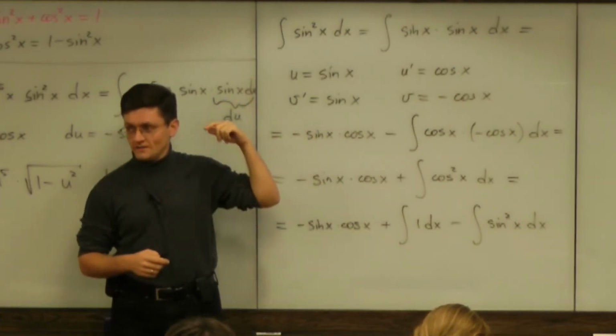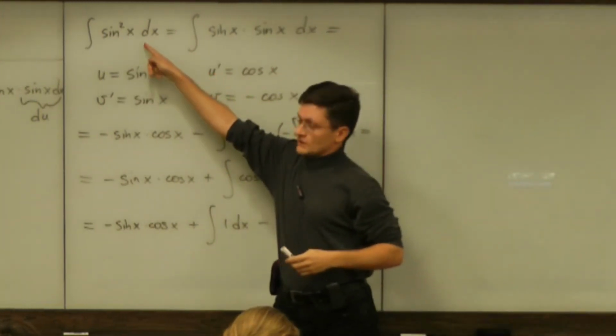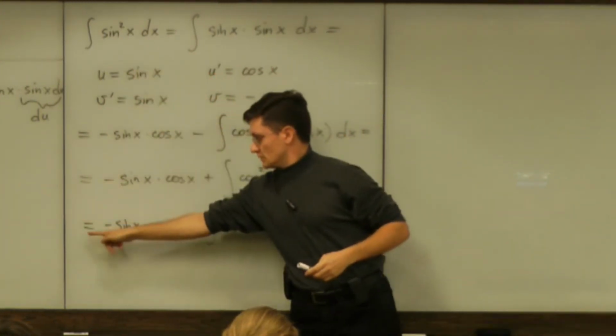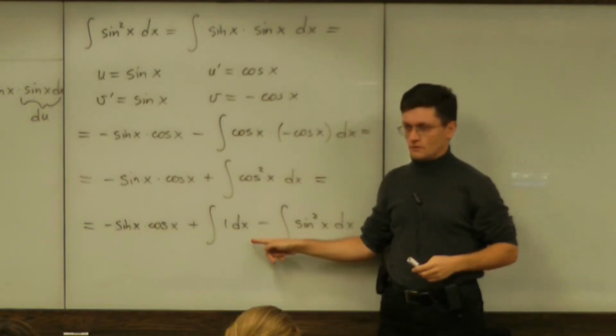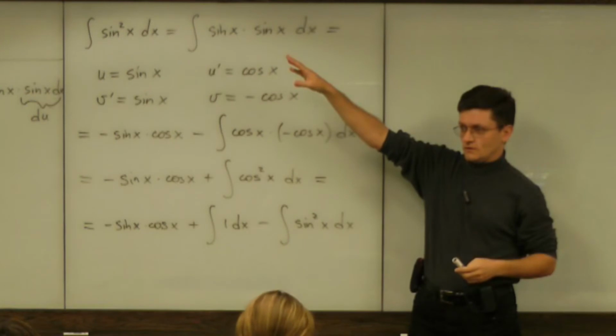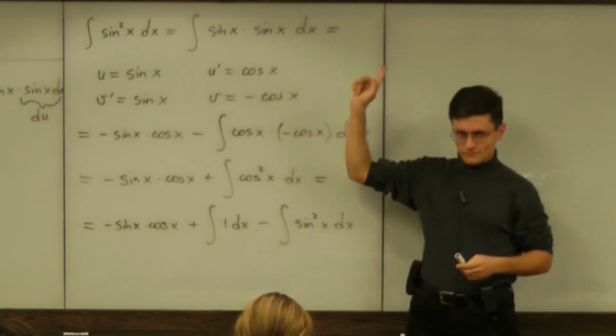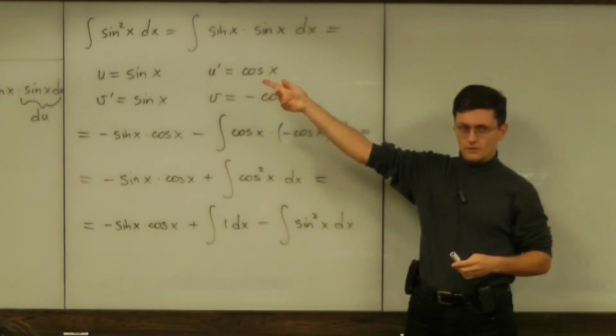But if you look at this equality, the integral I don't know is equal to something plus the integral I don't know, and it's the same integral. I can use this equality and bring the integral to one side and solve for it.